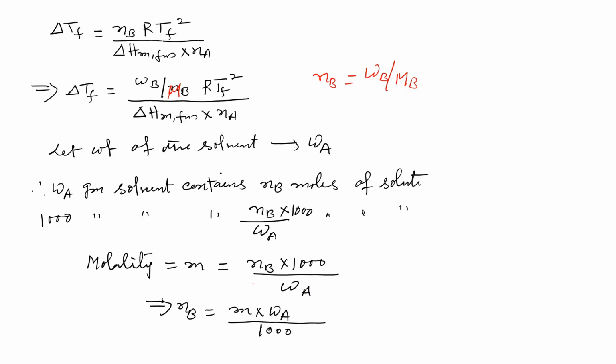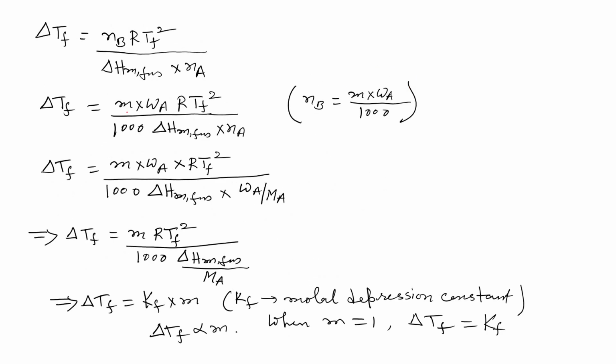So from here NB will be equal to M into WA divided by 1000. So once again I have written this equation, and in place of NB we have put molality into weight of the solvent divided by 1000, then remaining as it is RTF square delta H molar fusion into NA.